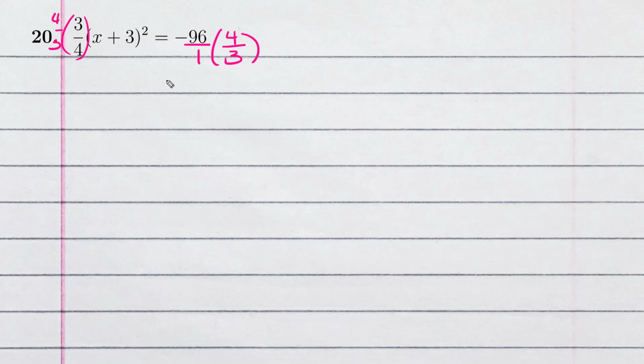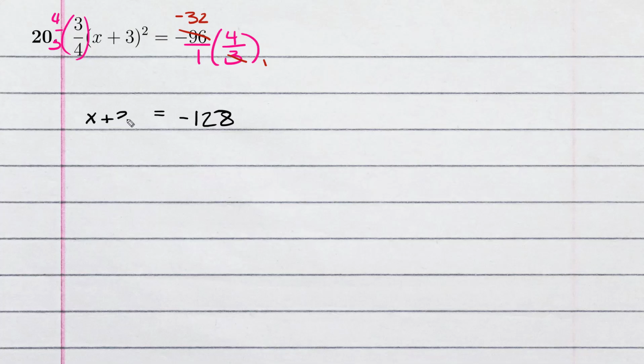And remember that negative 96 is over 1. We look to see what we can reduce on our diagonal. 96 and 3 are both divisible by 3, leaving us with a negative 32. And when I take negative 32 and multiply it times 4, we end up with negative 128.